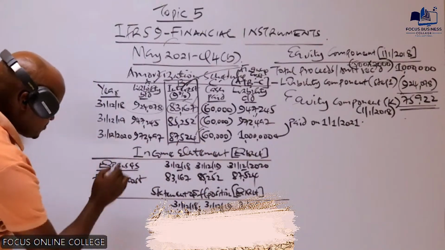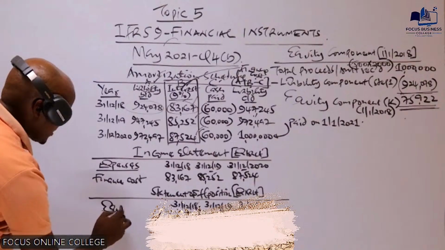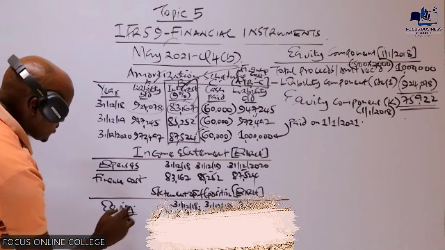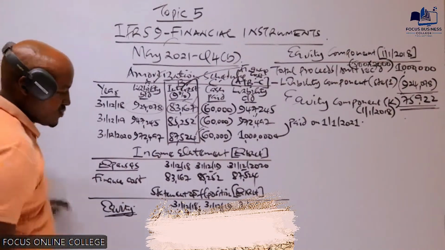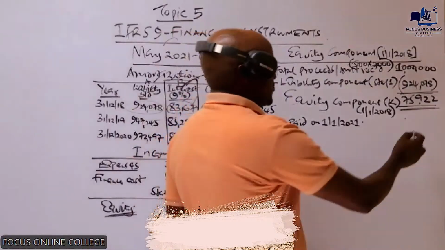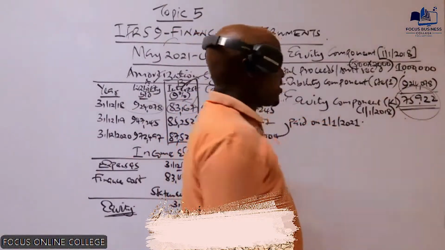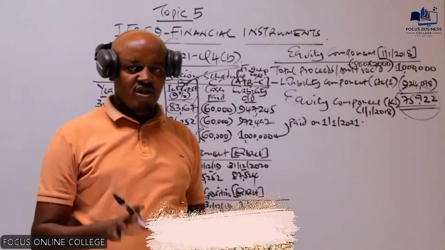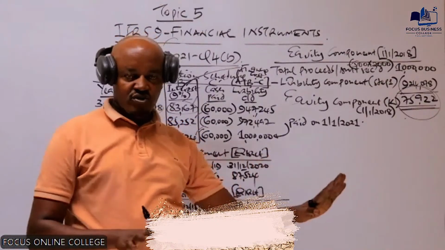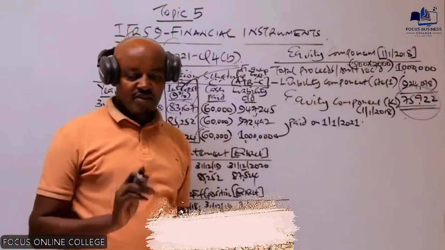Because we don't have any item of assets, we start by showing what was supposed to be recognized as part of equity. This equity component remains unchanged in year 1, year 2, year 3. That's why we said it remained constant.